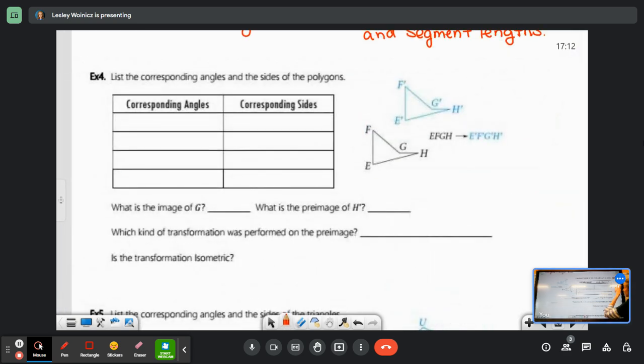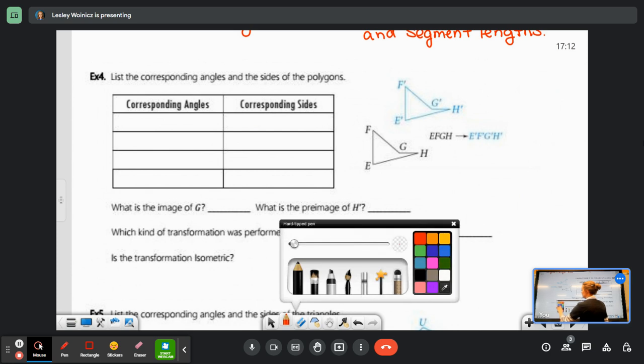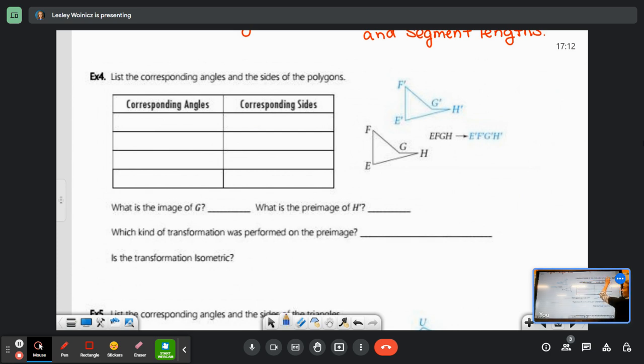All right, corresponding angles. We should really start with the order that they go here. So we're going to start with E. They're telling us in the rule that E maps to E prime, so angle E has to map to angle E prime.